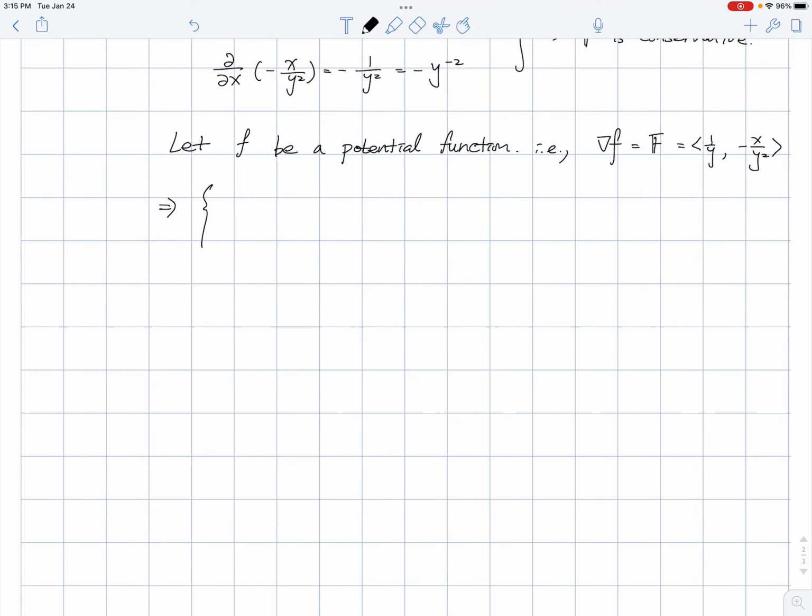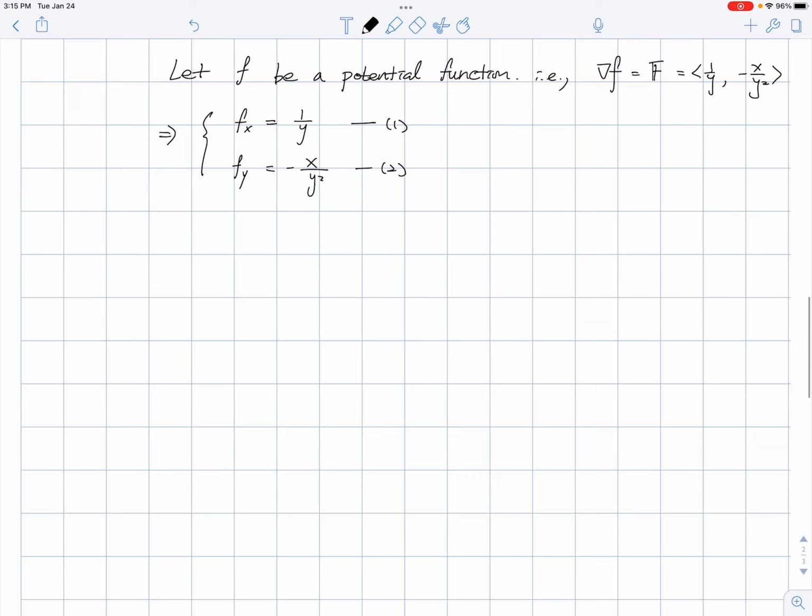Okay, so this tells you that you have two equations. One tells you df/dx equals 1 over y, and the other tells you df/dy equals minus x over y squared. All right, so we have two equations, and we're going to use both of them.